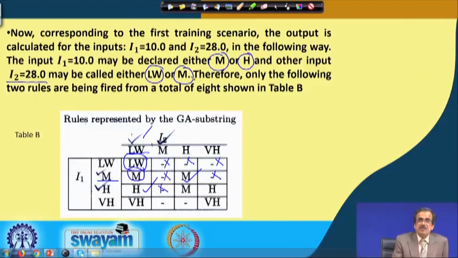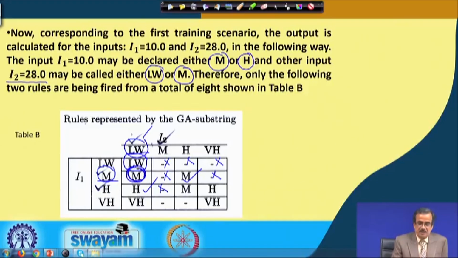Now, let me find out whether the first combination is present or not. If I 1 is medium, so I am here, and I 2 is low, then the output is medium. So, this rule is present.